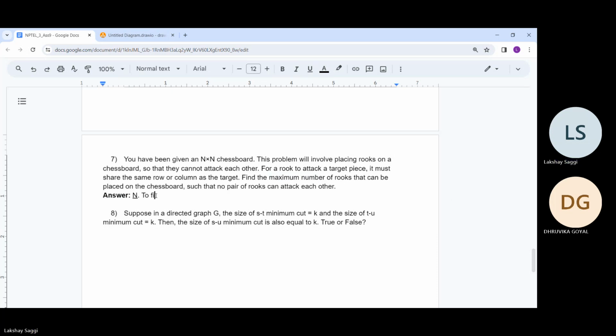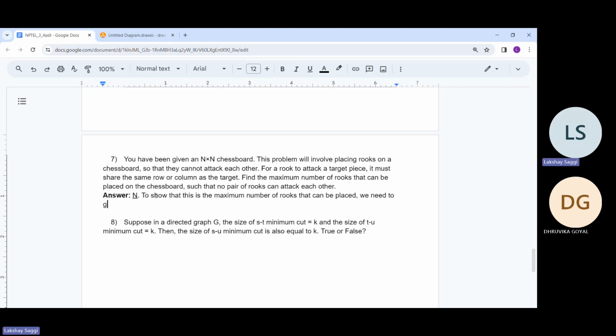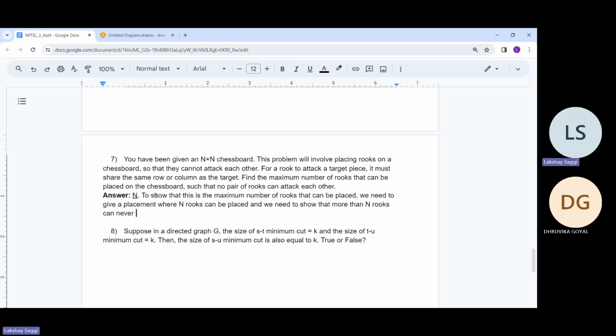So to show that this is the maximum number of rooks that can be placed, we need to give an example, a placement where n rooks can be placed, and we need to show that more than n rooks can never be placed.